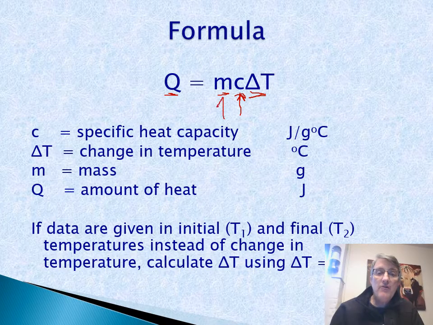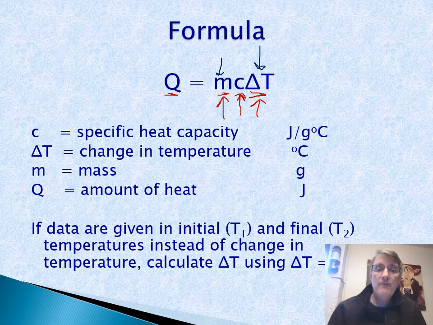This is how many grams we have, and this is the change in temperature of that material. It will tell us how much heat. And if we look at this equation, we can see that if the mass goes up, if this mass goes up, the amount of heat is going to go up. If the change in temperature goes up, I need more heat for that too. So you can start logically putting together the values in this equation.